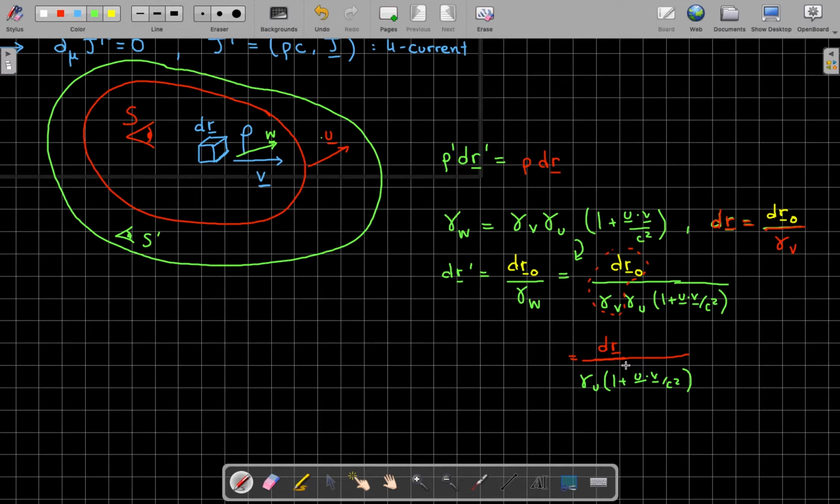Wonderful. This I can use. Why? Because I've also got this important relation of charge conservation. So if I plug it in here, what do I find? Plugging into 2, what do we get?